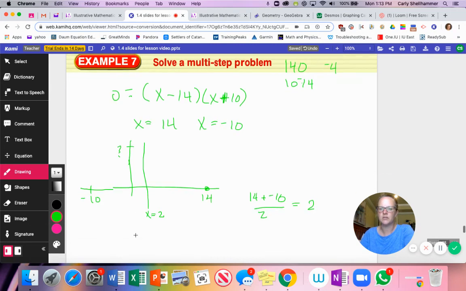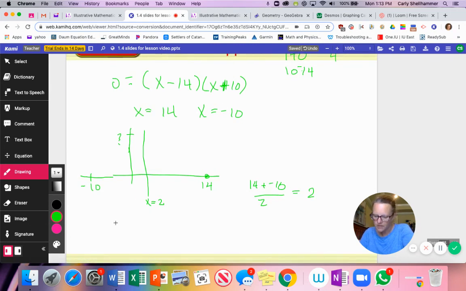If I plug in 2 to the original equation, I'm going to write it down. I'm evaluating the revenue at 2. Let's see, I'm going to use this version. I factor it out to negative 2,000, x minus 14, x plus 10. But I'm evaluating at 2.